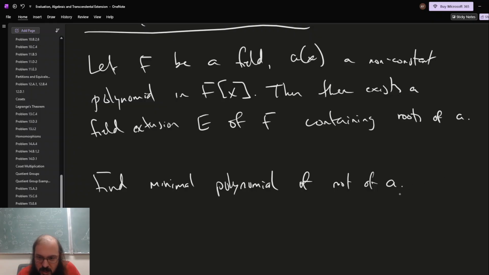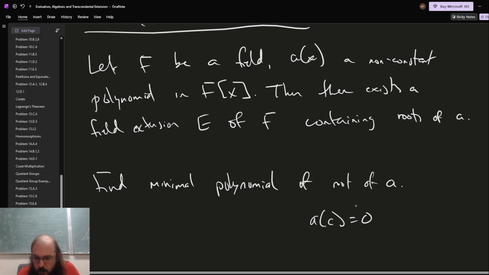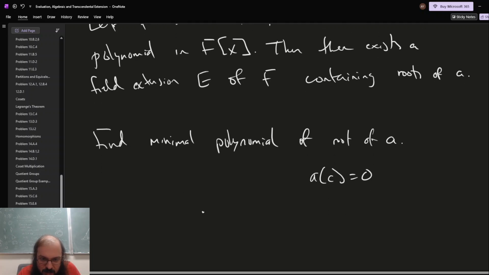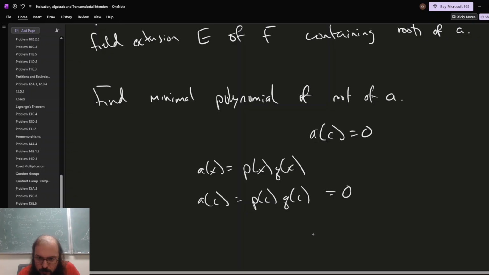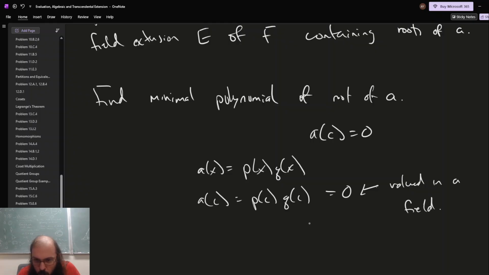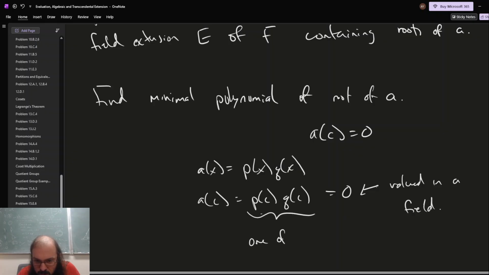So in other words, if c has A(c) equals 0, and A is reducible, perhaps A(x) splits into P(x) Q(x). Since this is a root and it takes value in a field, the only way to multiply two numbers and get 0 is if one of them is already 0.